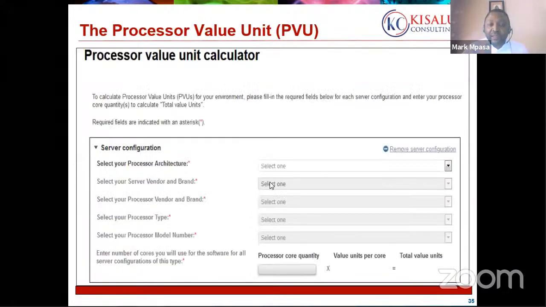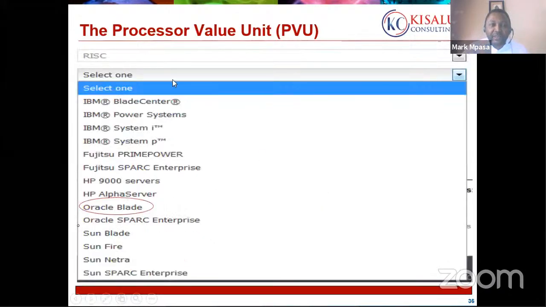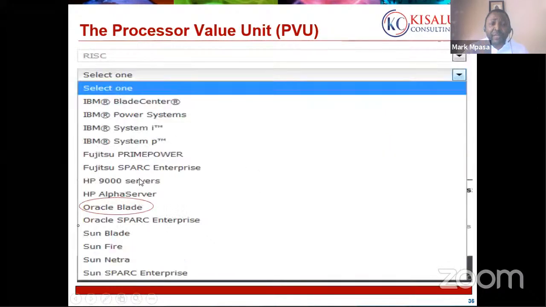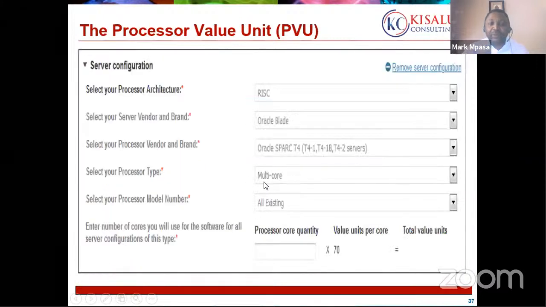If we look at the architecture here, we take the RISC architecture. There is a whole list of server vendor brands that are part of the RISC architecture. So you can select, let's select Oracle Blade, for example. The RISC Oracle Blade also has a number of processors.